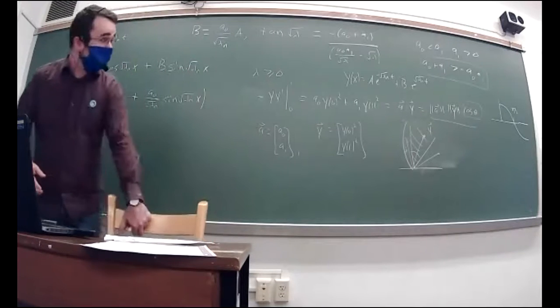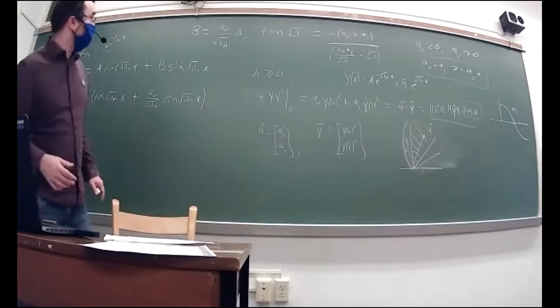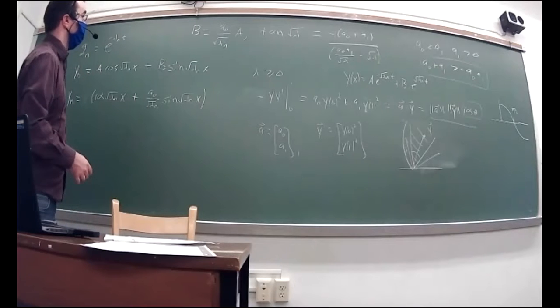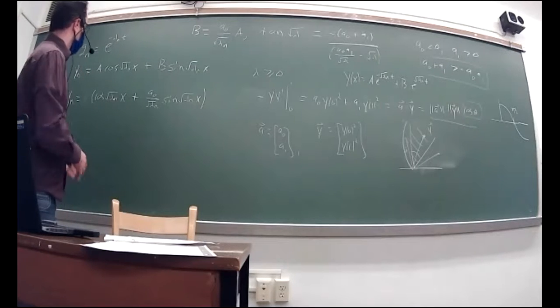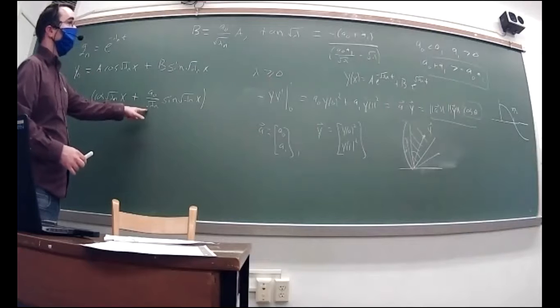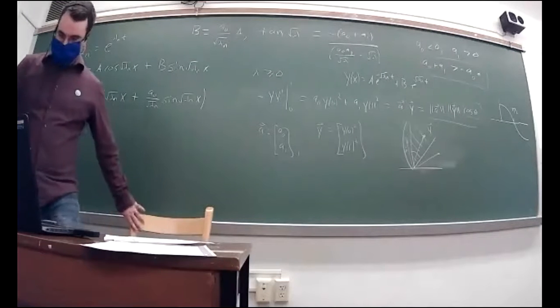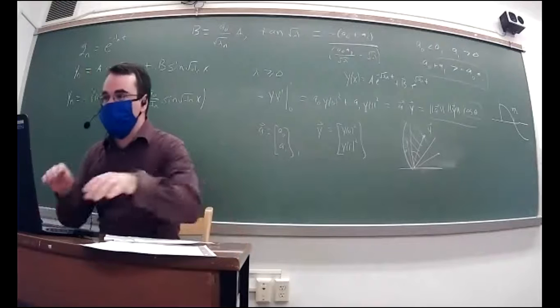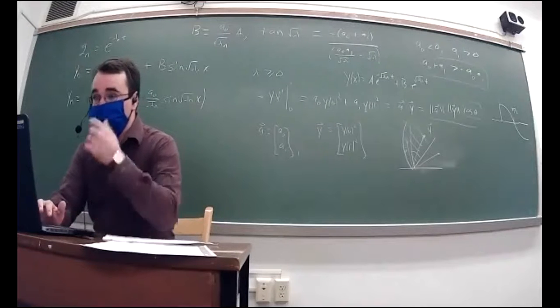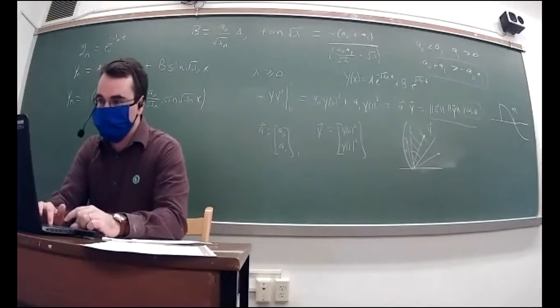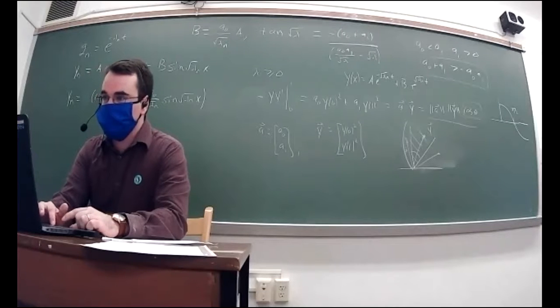Okay, moving on. I want to go forth and find lambda n. So this maybe gives you some comfort in that we could really actually choose cosines and sines. I need to go back to Desmos because you have to do this numerically.